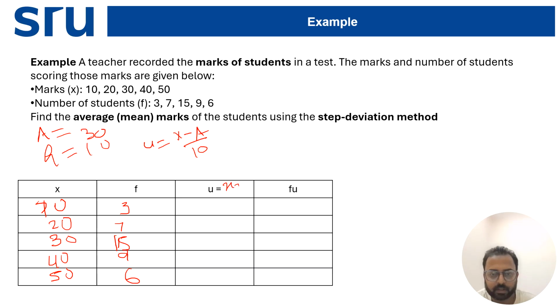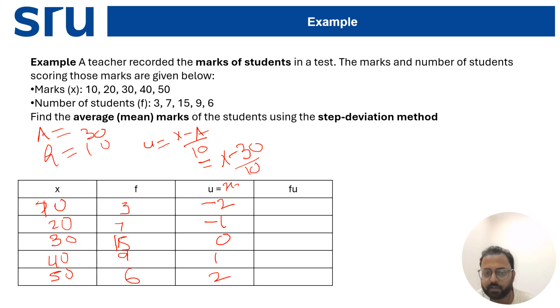Let us find u. 10 minus 30 is minus 20, divided by 10, which is minus 2, and then we get minus 1, then 0, then 1, and then 2.